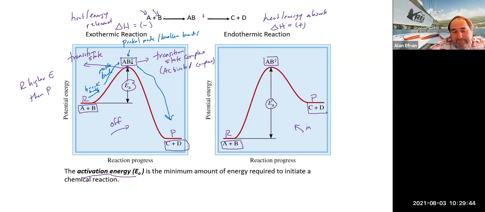Now, what we see here in terms of our transition state complex is that it is at very high energy, right? And one thing that you probably should know is that things at very high energy are not very stable. Things don't really want to be very high in energy. So that's why usually when we get up there at the very top of the hill, it goes down to the other side relatively quickly.